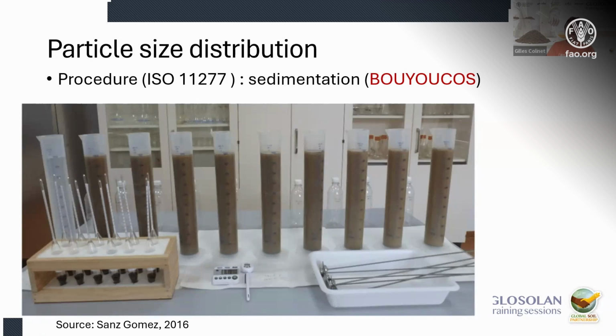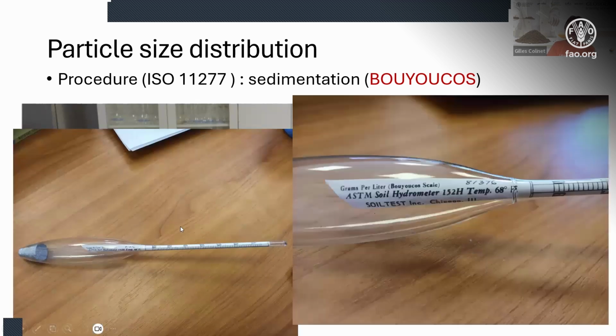So I made photos of this one. You see, it tells you how much suspension you have in the column of sedimentation in grams per liter, and it's calibrated for a given temperature here in Fahrenheit.